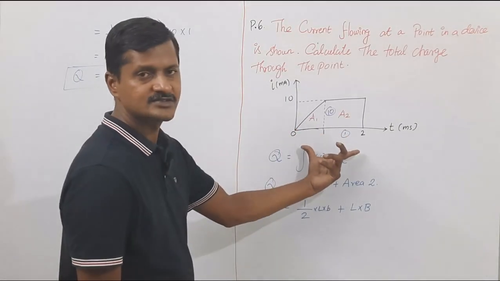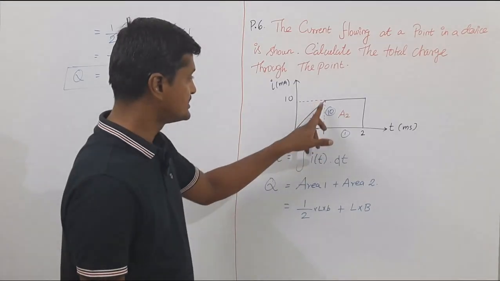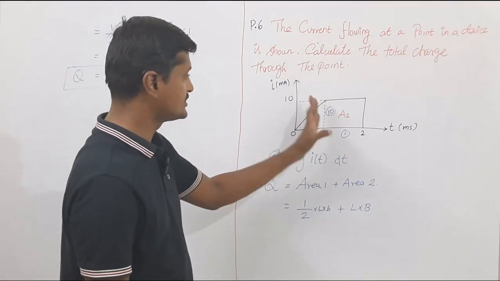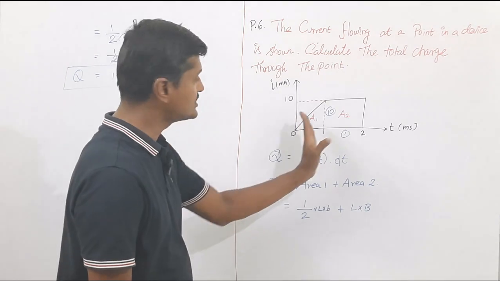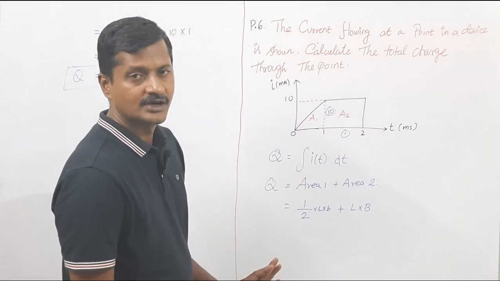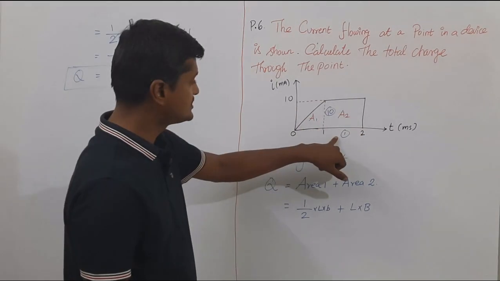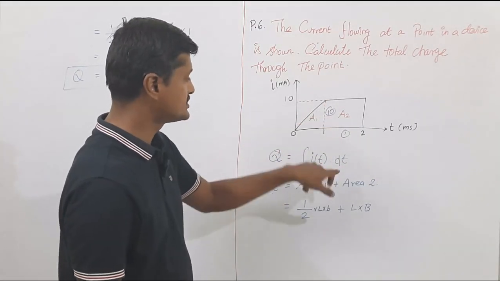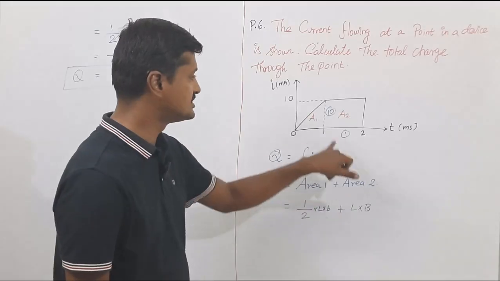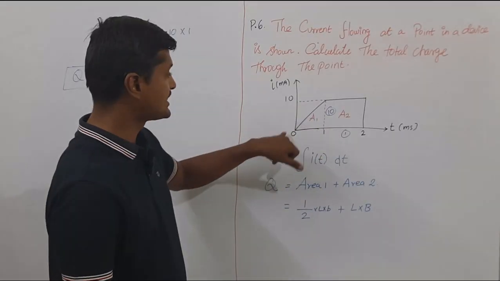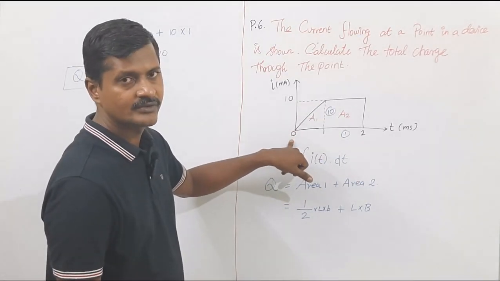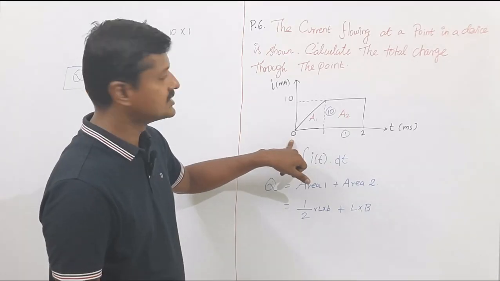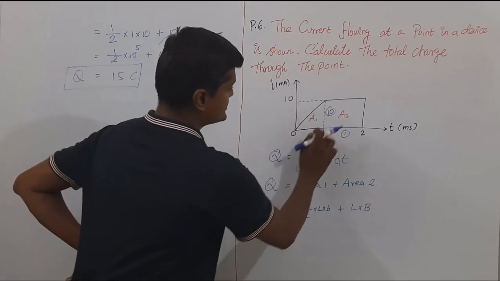So now this area, we split it. So if you see, this area we are splitting into 2. It is equal to a triangle, and there is a normal square. So we have a length that is 1 to 2, and height is 20. So area 2 is equal to length into breadth, 10 into 1. For a triangle, we need to find the area as half into length into breadth. So simply it is a square.